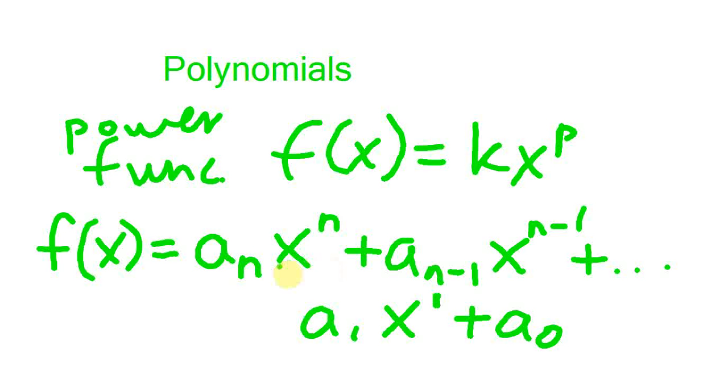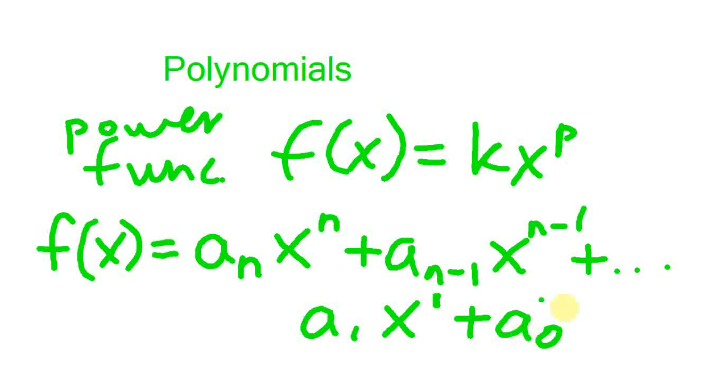Okay, this specific criteria, though, about polynomials is that your n here must be greater than or equal to 0. All your n's, all your exponents, which is different from p. The p could be a -1, a -2, could be a 0.5 or a 1/3, but here you must have non-negative integers.